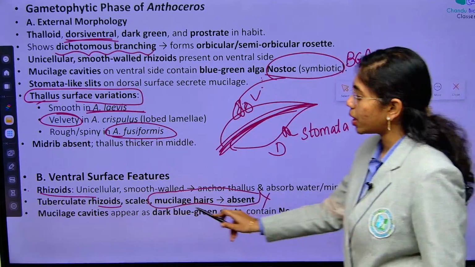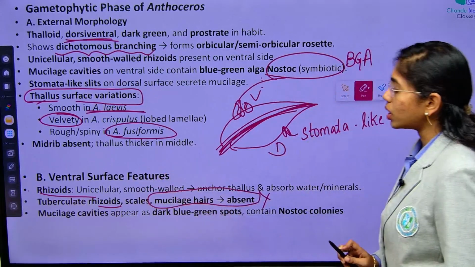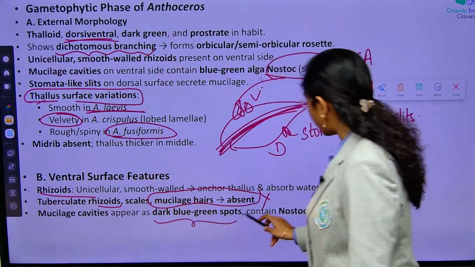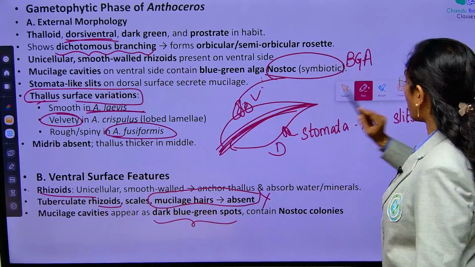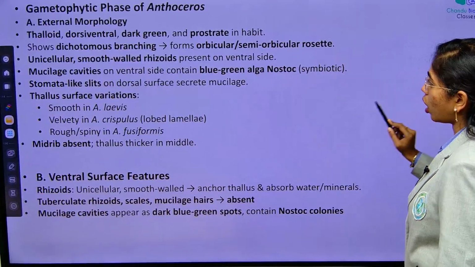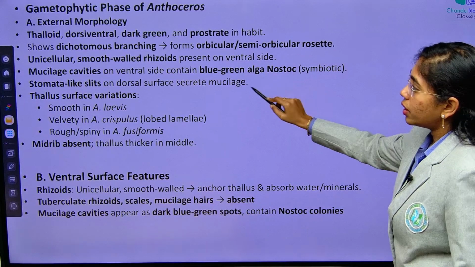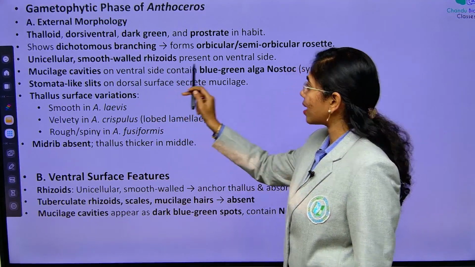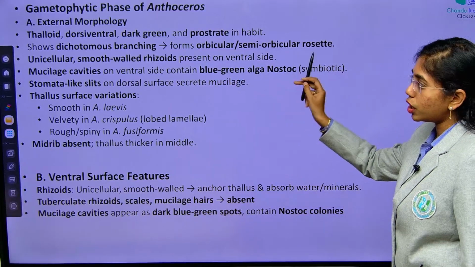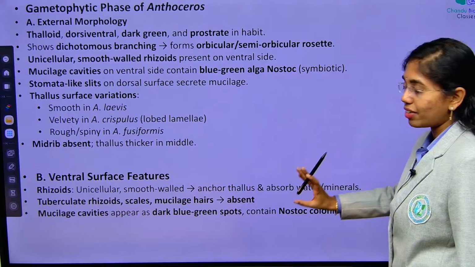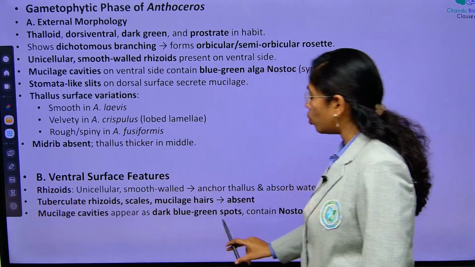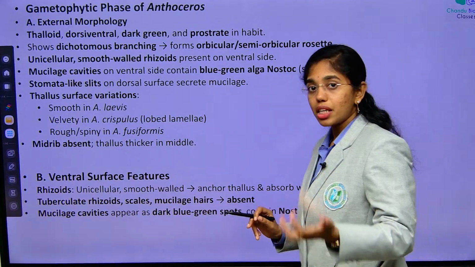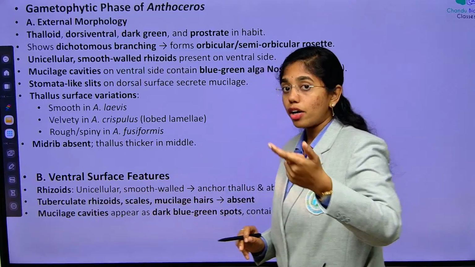Mucilaginous cavities appear as dark blue-green spots, which are the Nostoc colonies themselves. On the dorsal surface you can see stomata-like slits which secrete mucilage, but on the ventral surface you can see symbiotic associations of algae. These mucilaginous cavities are observed in what color? Dark blue-green spot color.